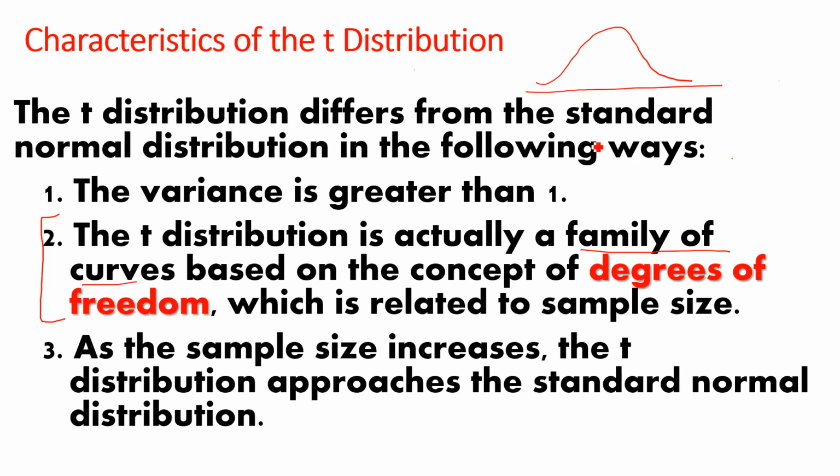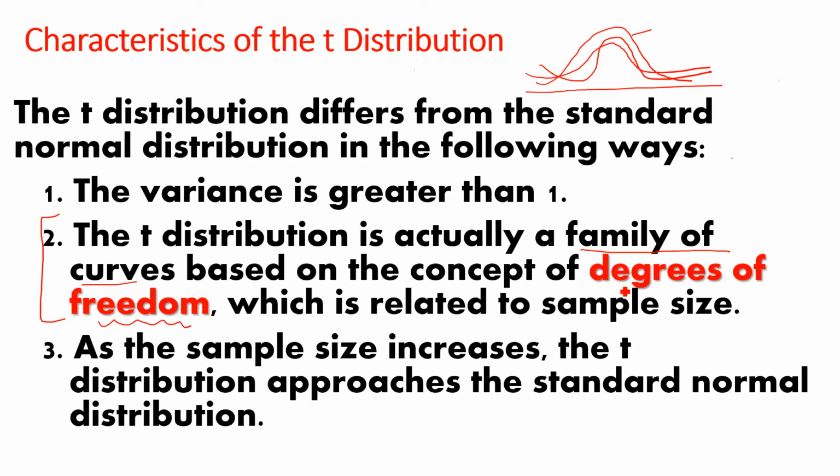But in the T distribution, we make many curves like this, like this. So it is called a family of curves. I will show you how we have to make these curves. But simply, it is a family of curves. It means it has more than one curve, and these curves are based on the concept of degrees of freedom.